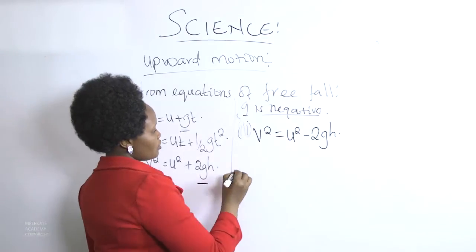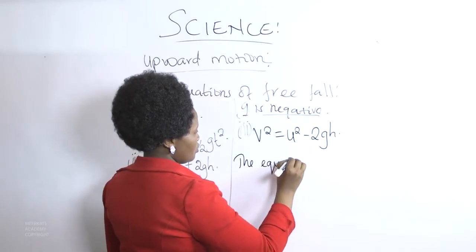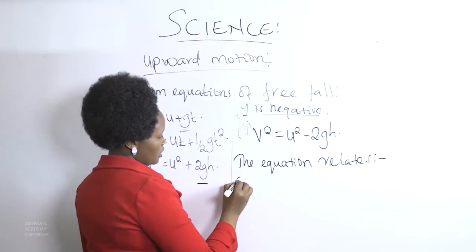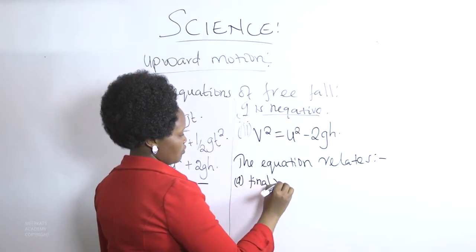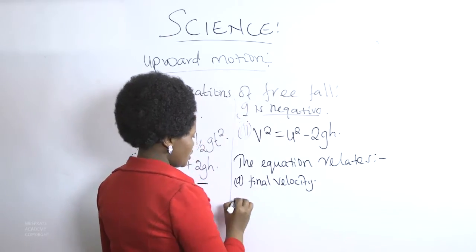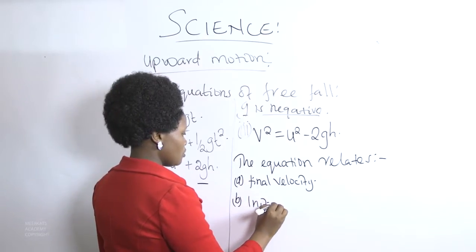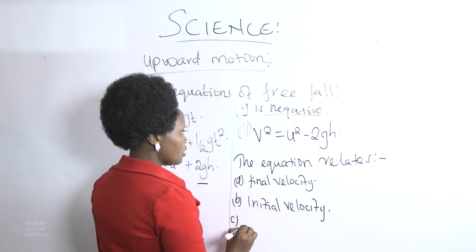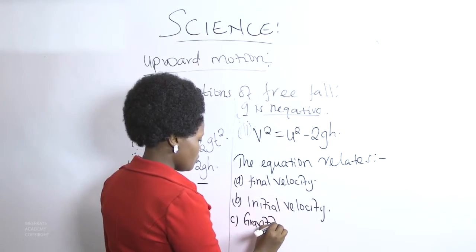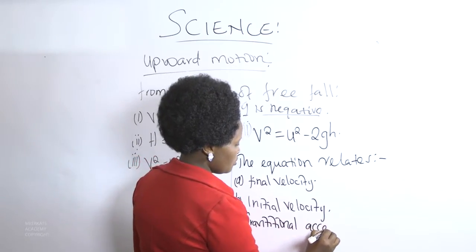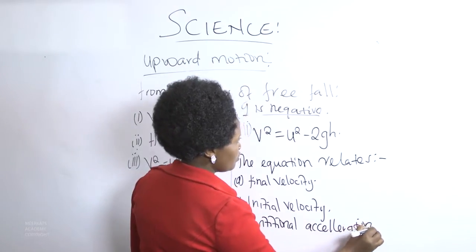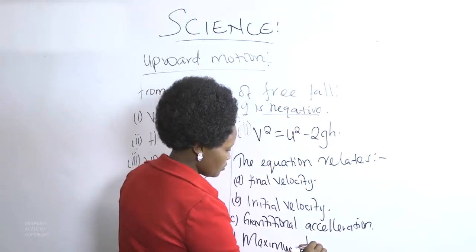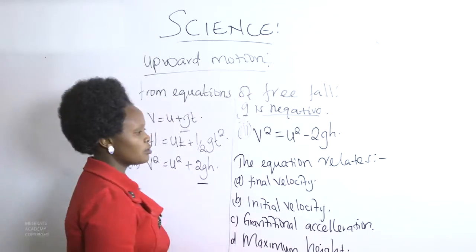Now, this is to mean that the equation relates the following: the final velocity, the initial velocity, the gravitational acceleration, and the maximum height.